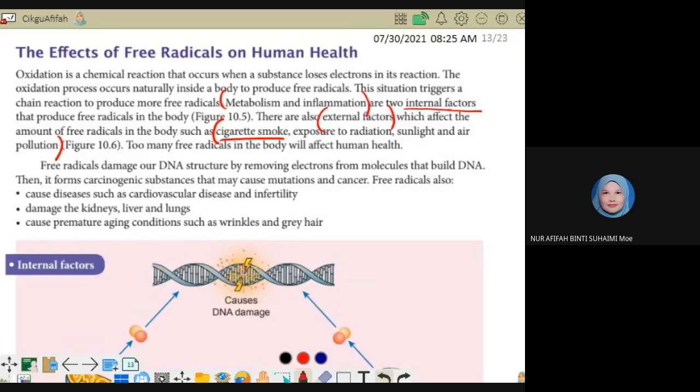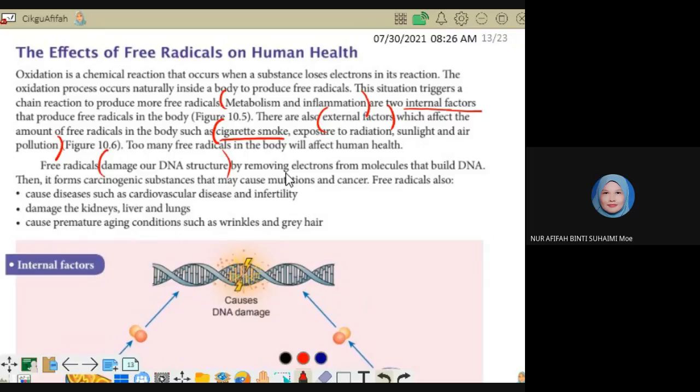Okay. What happens if there are too many free radicals in our body? It will damage our DNA structure. Tahu tadi kan dia punya definition tadi, free radicals akan attack another atom or molecule. So this free radical, if they stay in our body, will damage our DNA structure.